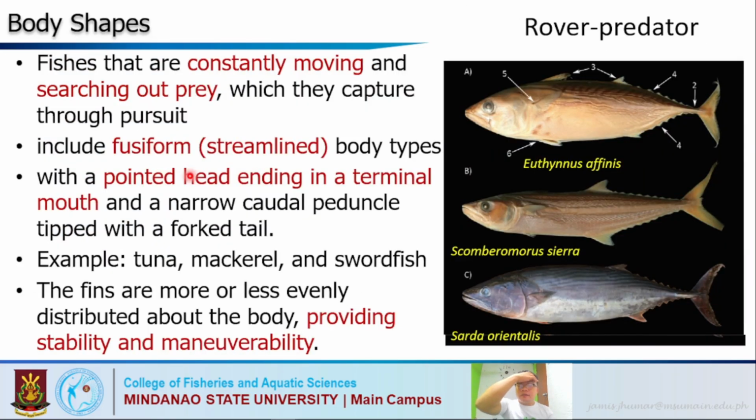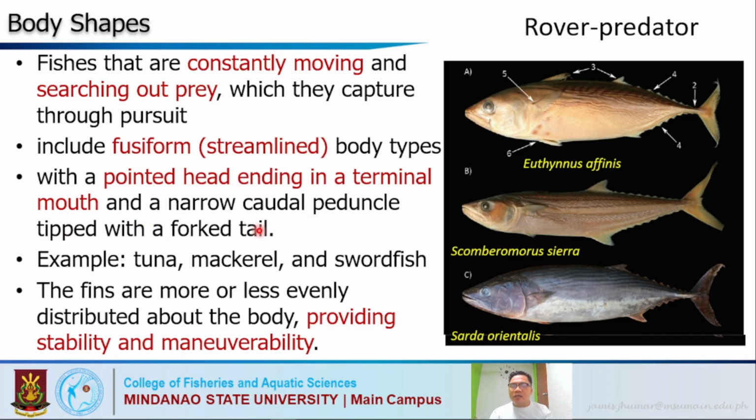And then here we have the first one, the rover predators. The rover predators' characteristics are constantly moving, searching out for prey, which they capture through pursuit. They are characterized as the fast swimmers, the fastest swimmers. Includes fusiform or streamlined body types, with a pointed head ending with a terminal mouth and narrow caudal peduncle, tipped with a forked tail.